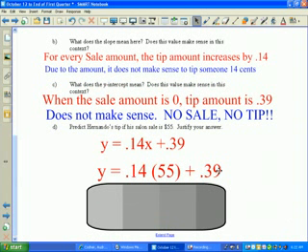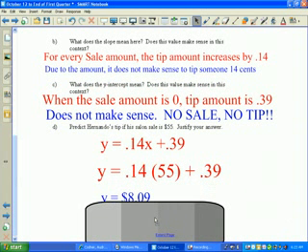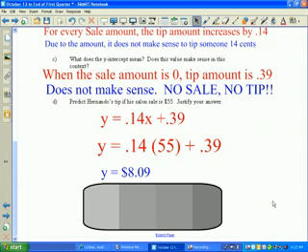Please make sure you put in your decimals. I know sometimes you get into a rush and you're going to get a funky answer, okay? But make sure you put those decimals in. Once you put the decimals in, you do the multiplication, then the addition, and you should get an answer of $8.09. Okay?